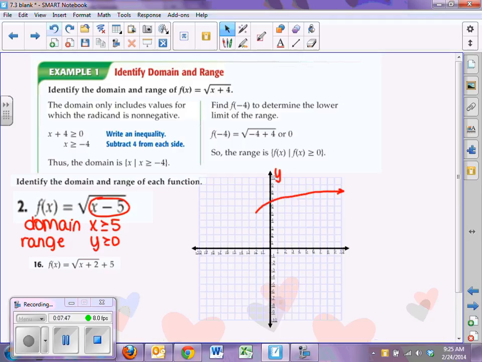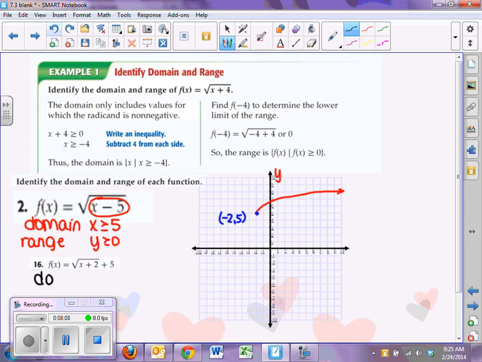If you don't believe me, plug in the point (-2, 5). I believe that is my vertex right there. Plugging in -2 gives me the square root of 0 plus 5, and that's just 5. That's one point on my graph.